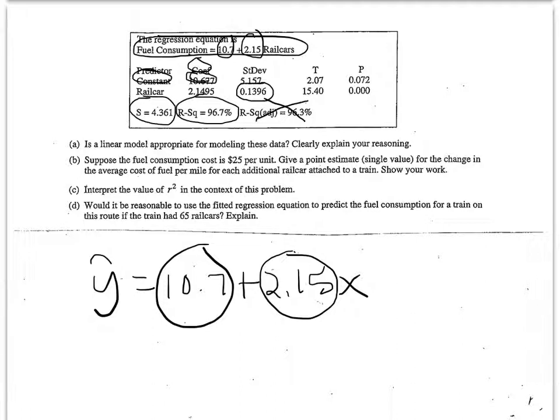Now, I'm not going to talk about that in detail in this video because this particular question does not address looking at a t-test on the slope of the regression line. So if you're unfamiliar with what those are, we'll get to that in some later videos. And now let's check out the answers here.